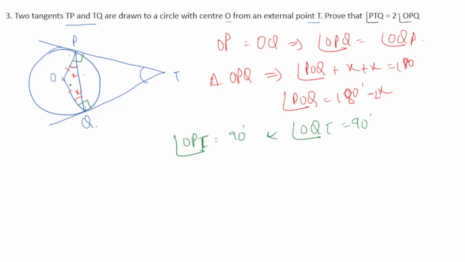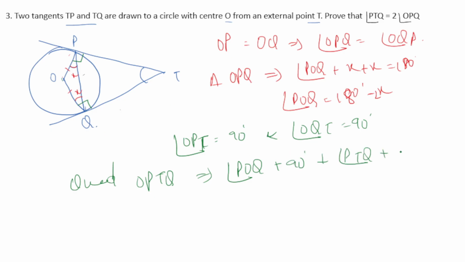And in quadrilateral OPTQ, sum of angles is equal to 360 degrees. So angle POQ plus angle OPT 90 degrees plus angle PTQ plus angle OQT 90 degrees is equal to 360 degrees.